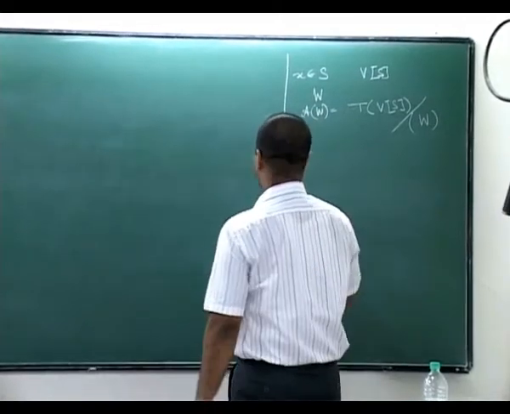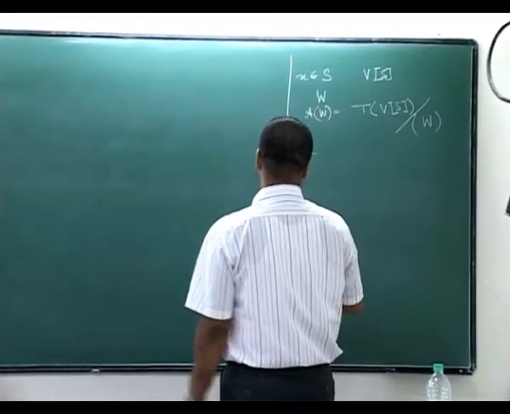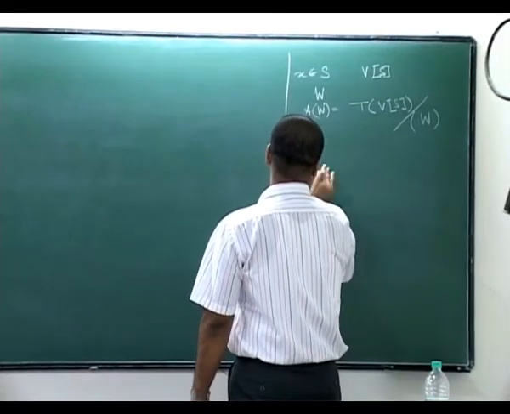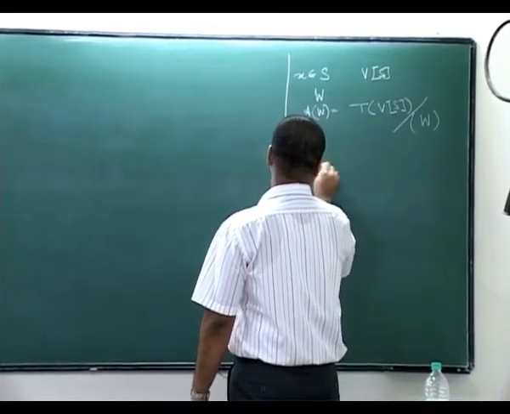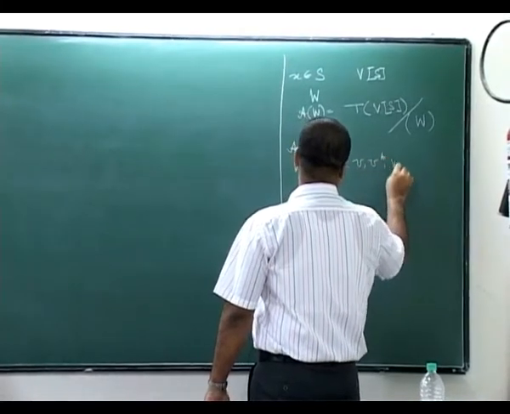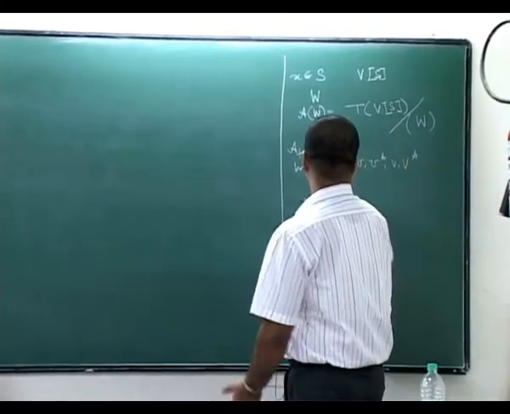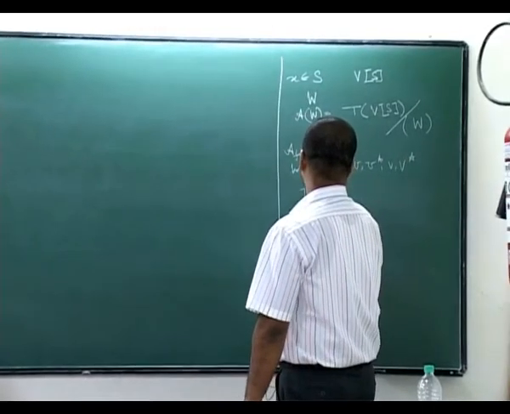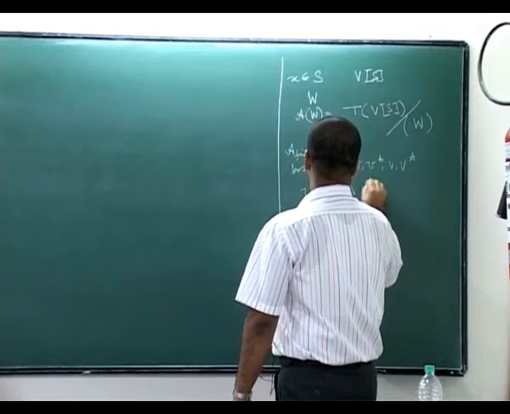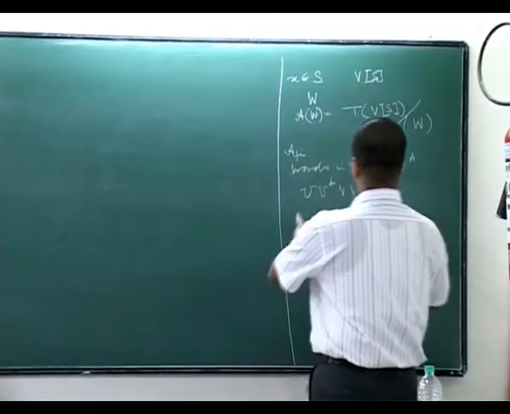You consider, in this case, of course, it becomes much easier. Suppose you consider words in U, U star, V, V star. So, what is a word? It is a finite sequence like U, then U star, V star, and things like that.